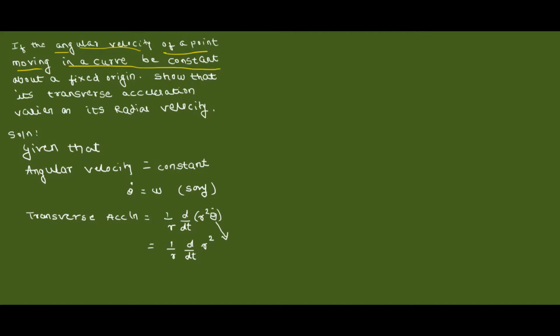Theta dot value is given, that is equal to omega. Transverse acceleration is equal to 1 by r, omega is constant, remaining term is d by dt of r square, means differentiation of r square with respect to t. So this is equal to omega divided by r.